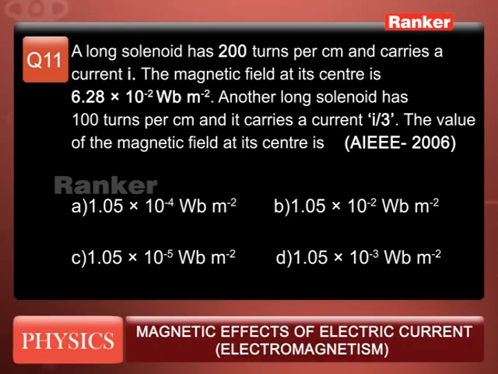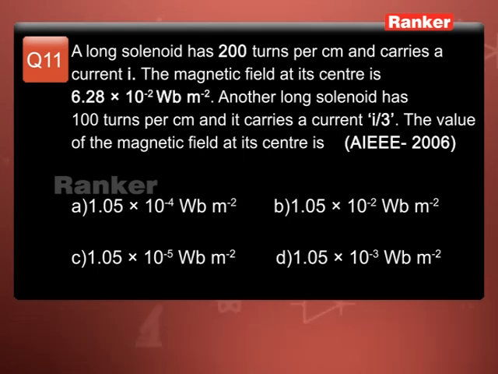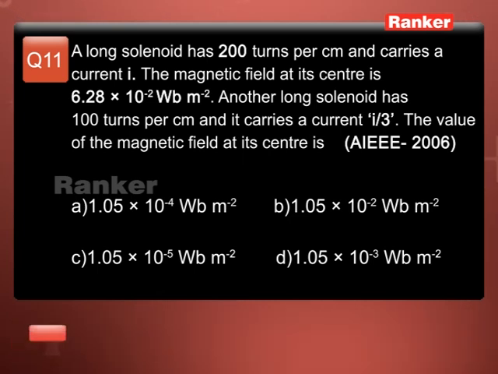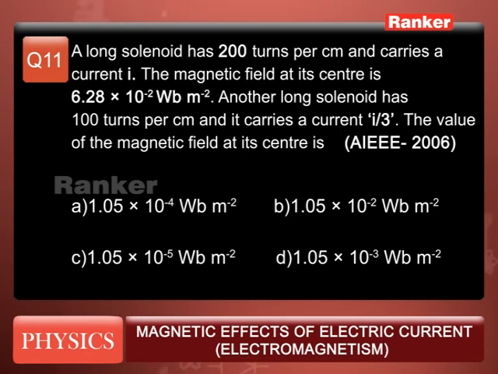And the options are given this way. The first option is 1.05 × 10^-4 Weber per meter square. The second option is again 1.05 but × 10^-2 Weber per meter square. The third option 1.05 × 10^-5 Weber per meter square.